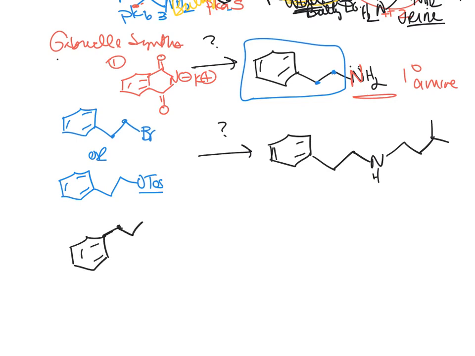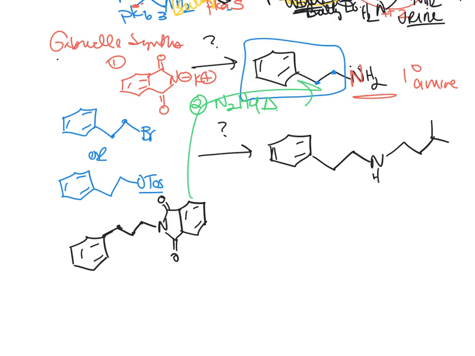Your intermediate would be 1, 2, and then the phthalimide, right? And then you'd have to release this, so that's where you would need hydrazine and heat, and then that would release your product. And so this would go to there. And that's a Gabriel synthesis.